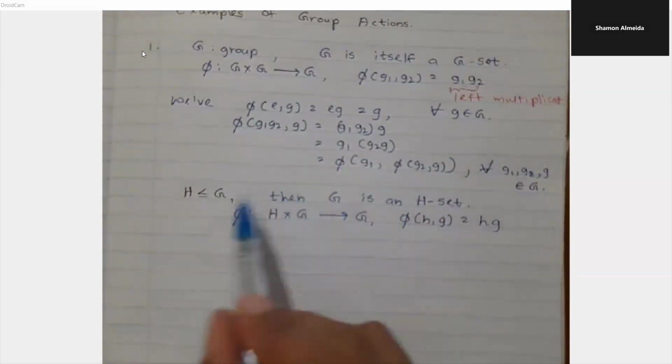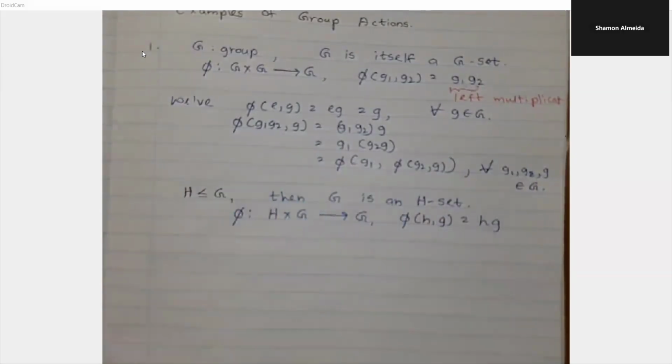Now observe that when H is a subgroup of G, we regard G as an H-set, not the other way around. We don't have H to be a G-set, right? Because for any g and any h, gh does not necessarily belong in H. If you take both elements from H, because H is a subgroup, yes, definitely the product will be there.